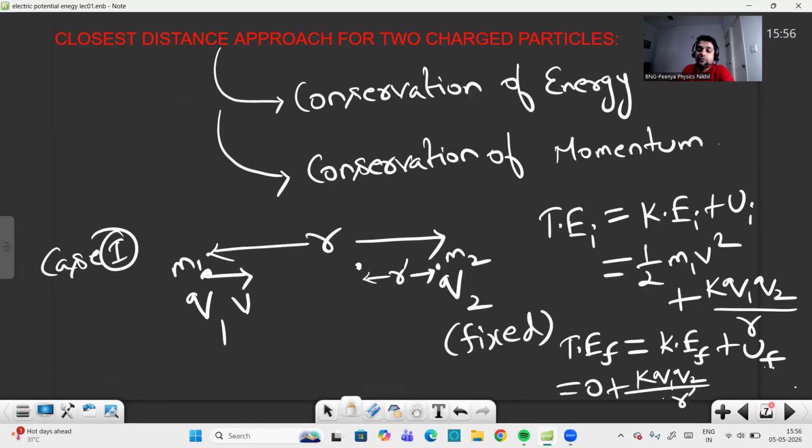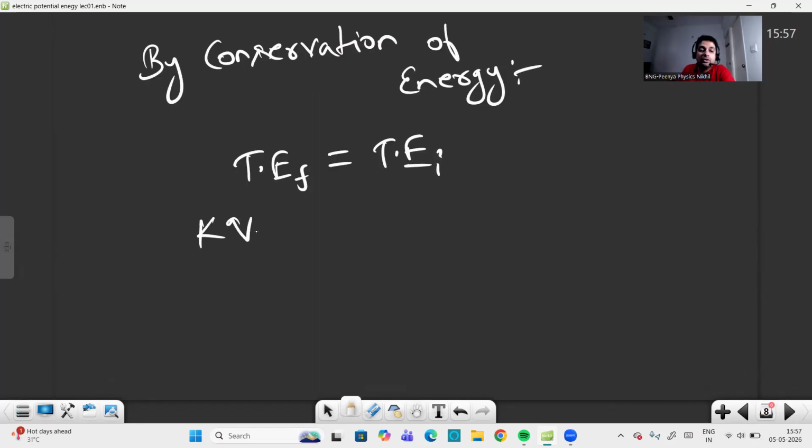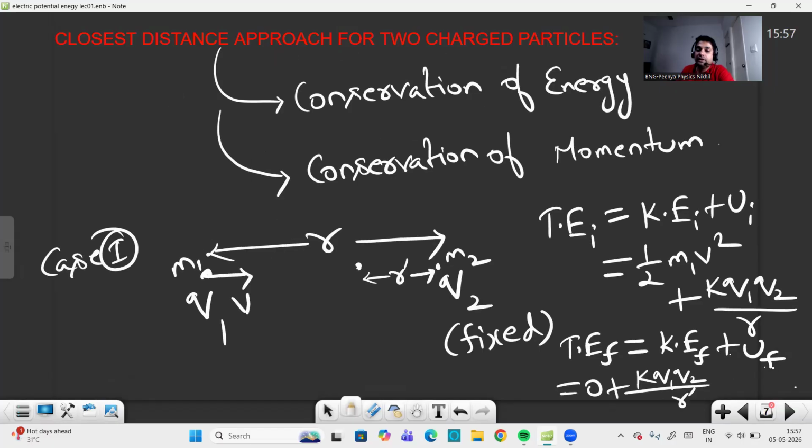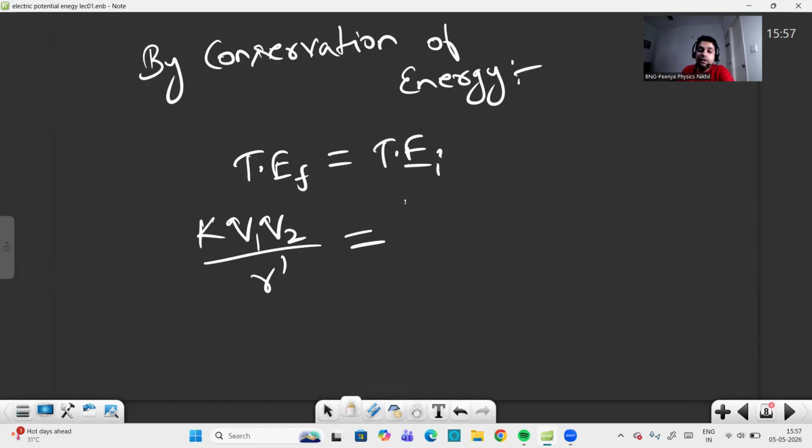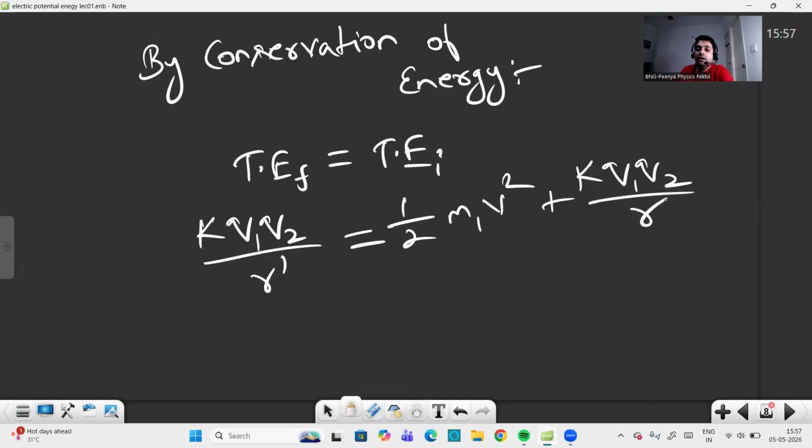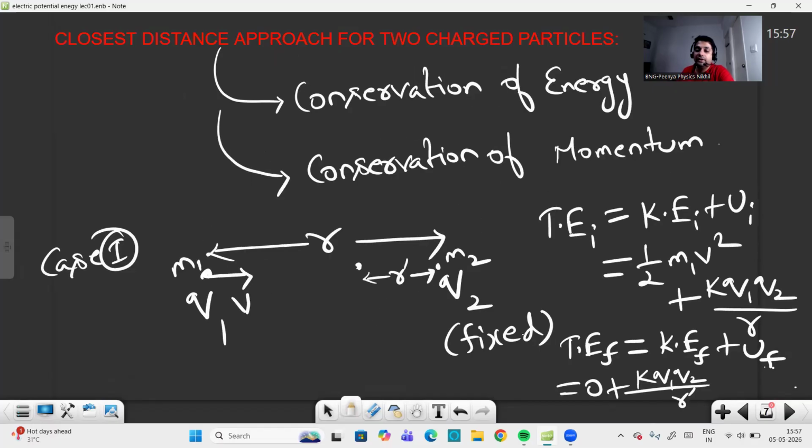So the total energy final is K Q1 Q2 by R dash, which equals half m1 v square plus K Q1 Q2 by R. From here you can find the R dash value. So whenever there are questions like this, we always think about the conservation of energy and we can solve the problem.